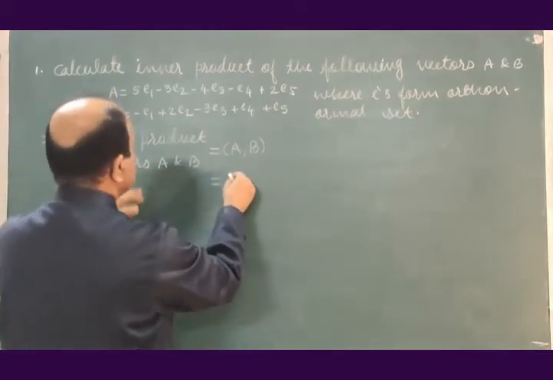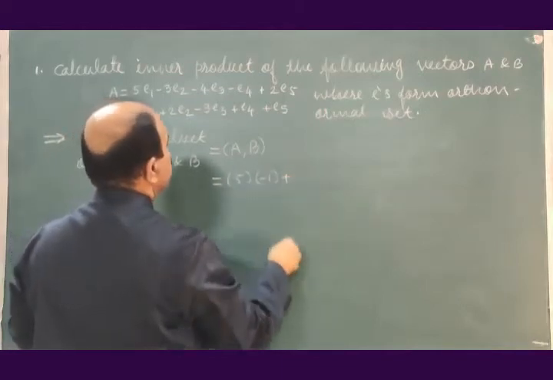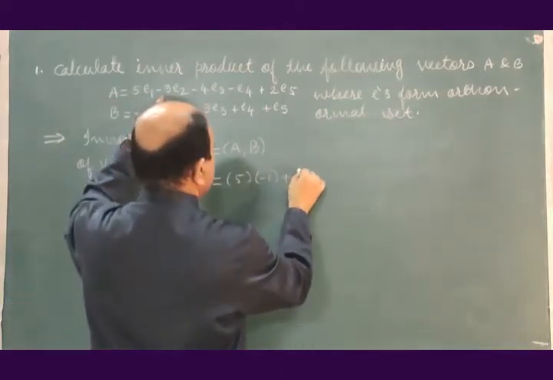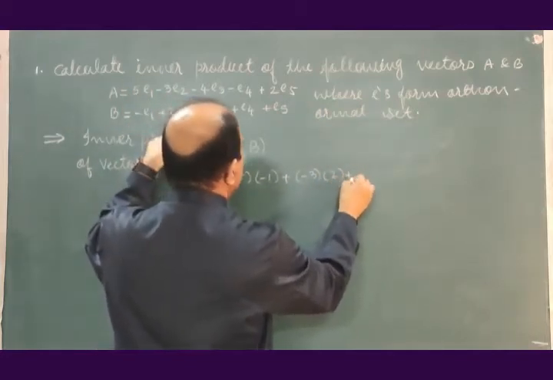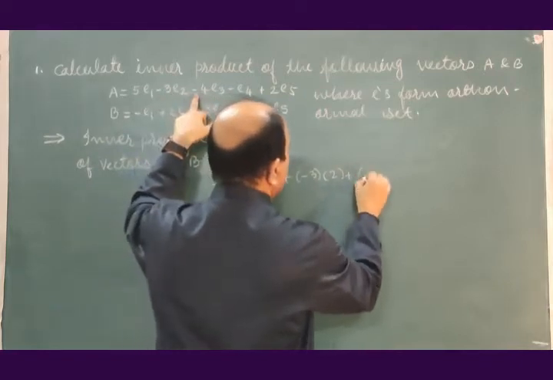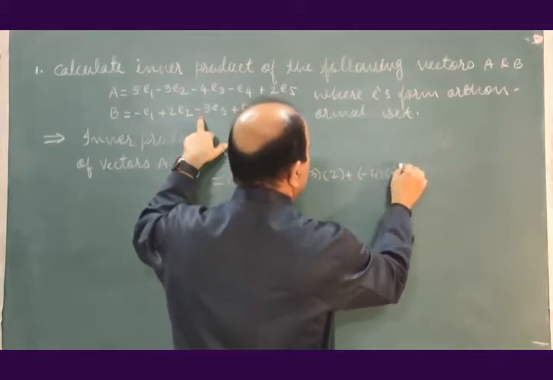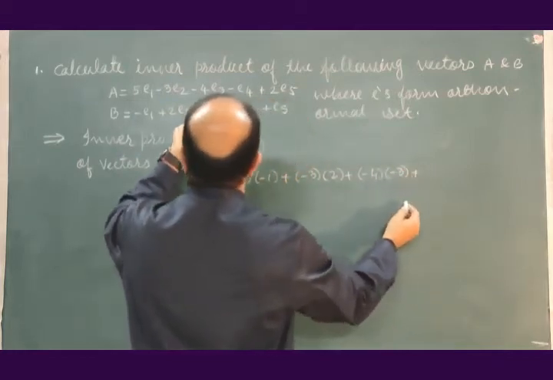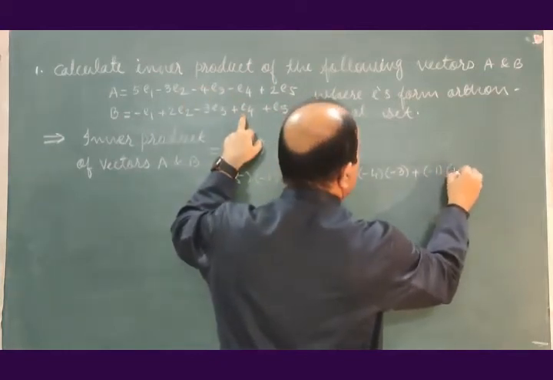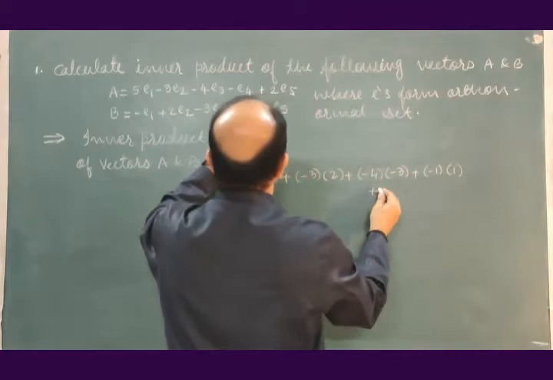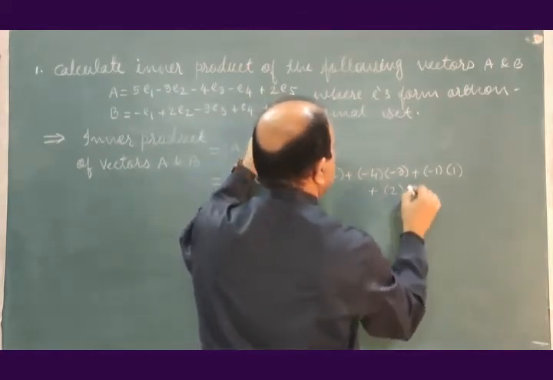That is, 5 into minus 1 plus minus 3 into 2 plus minus 4 into minus 3 plus minus 1 into 1 plus 2 into 1.